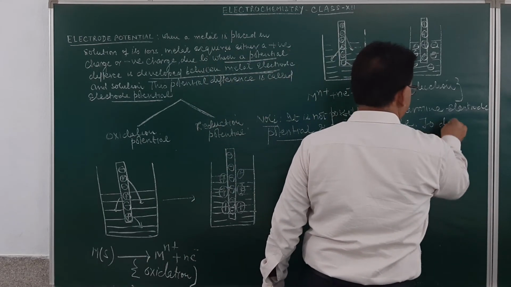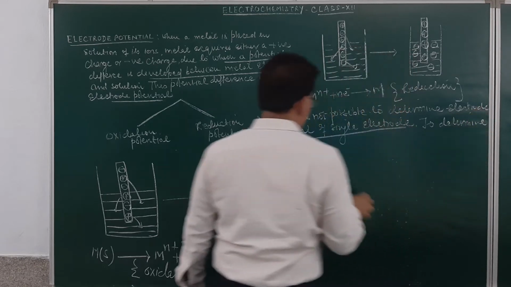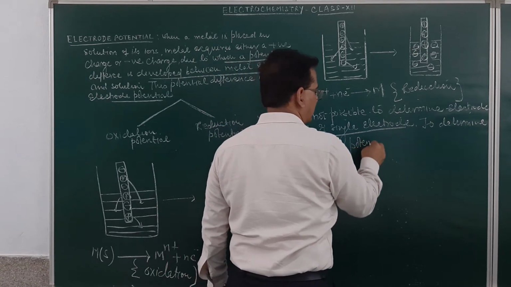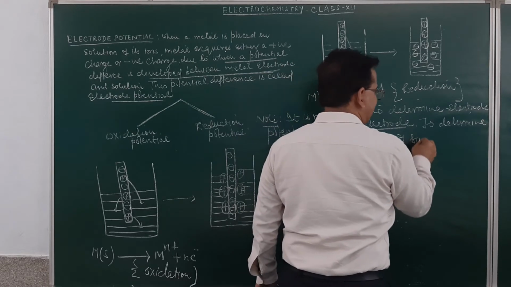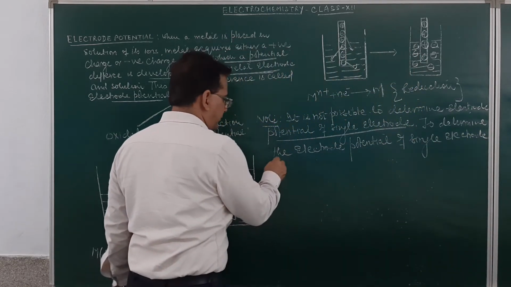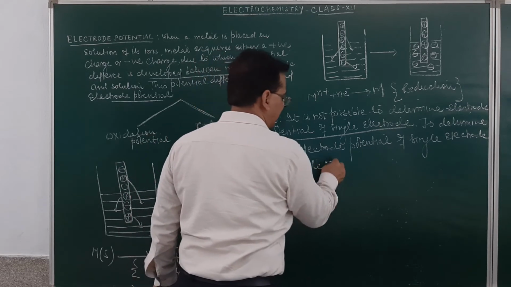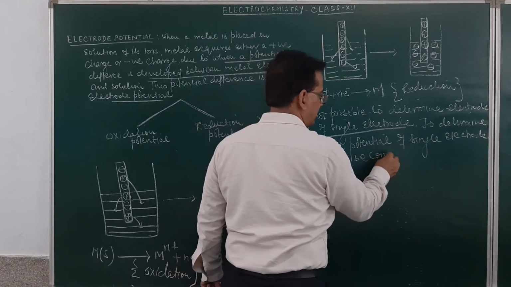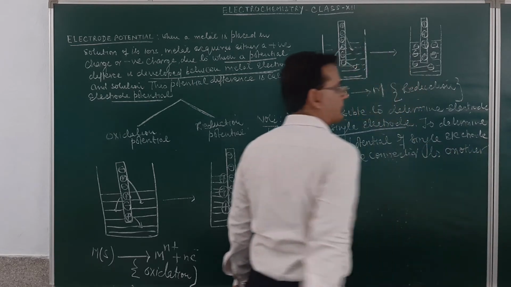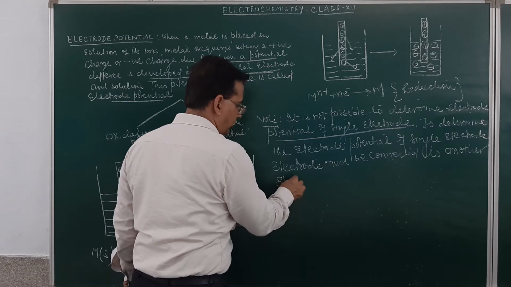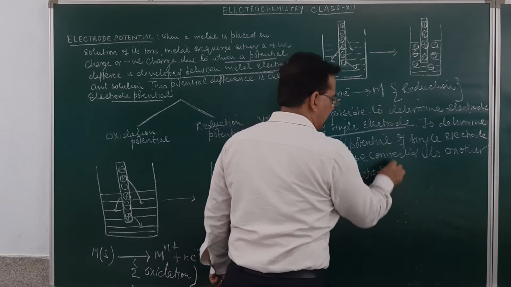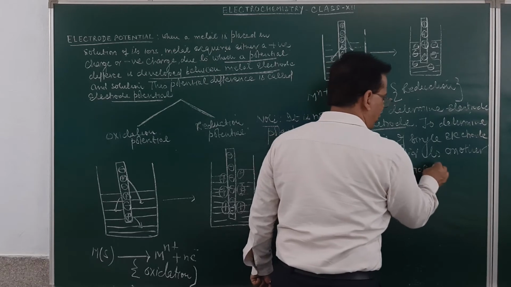To determine the electrode potential of a single electrode, the electrode must be connected to another electrode whose electrode potential is known.